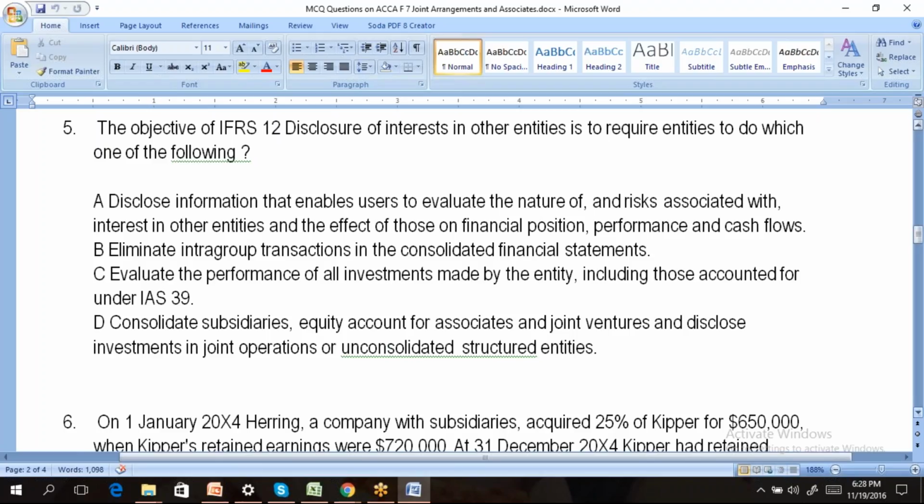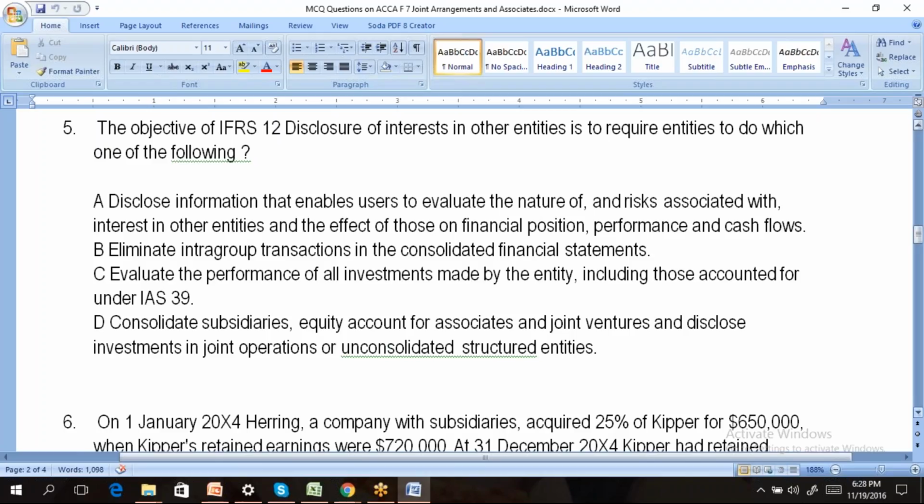IFRS 12 is relatively new because people were not disclosing enough for users to evaluate the statements.